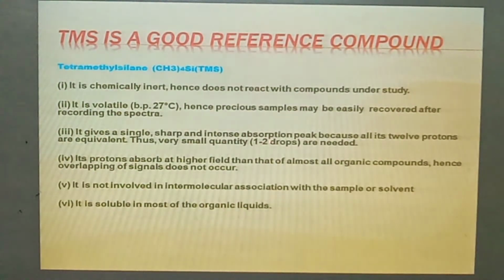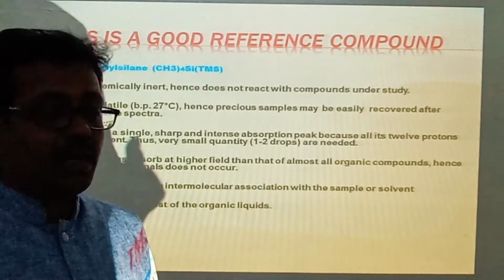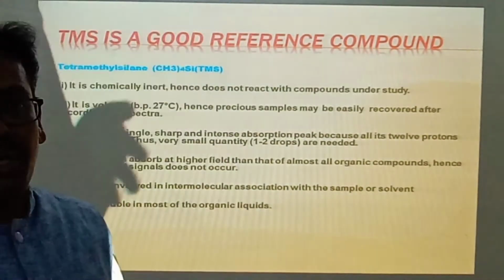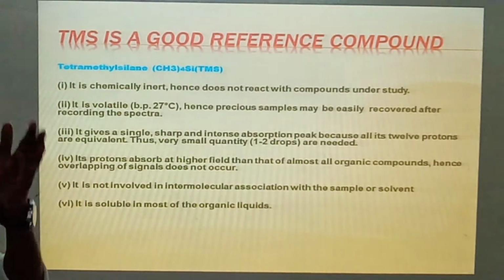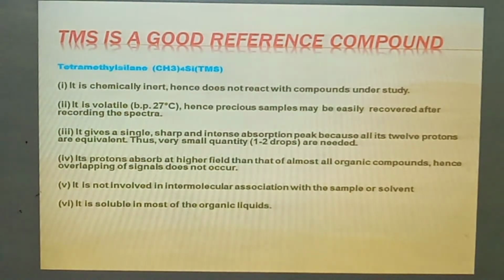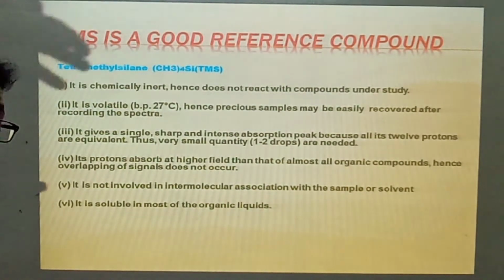It gives a single sharp and intense peak for 12 protons. It will give you 12 protons in a single peak, so it exhibits the maximum intensity at the zero, and these protons absorb at higher field.